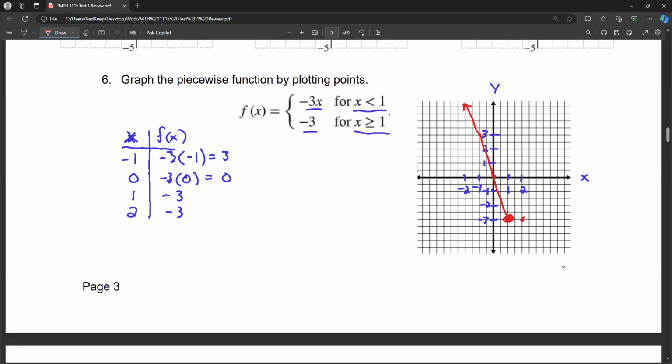And in fact, this is what we were observing before. As we go off beyond x equaling 1, it's just going to be a flat line, always equal to negative 3. Perfect. Okay, so this would be, I believe, everything for question 6.